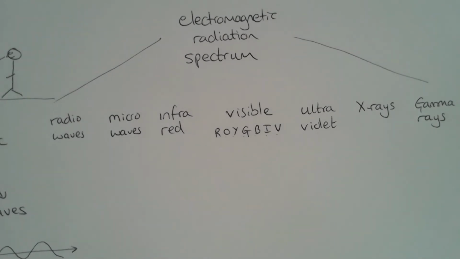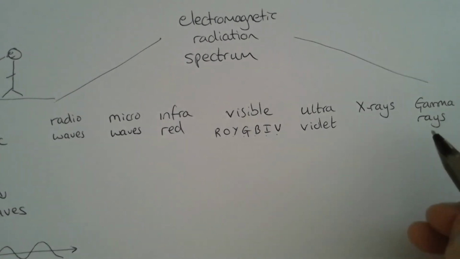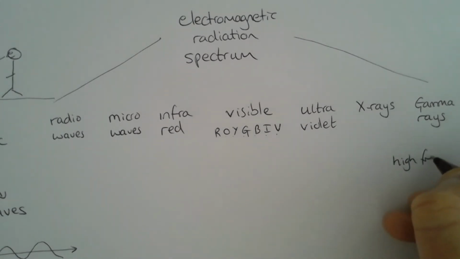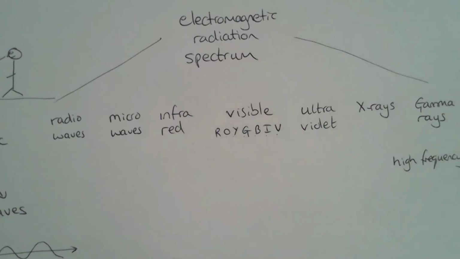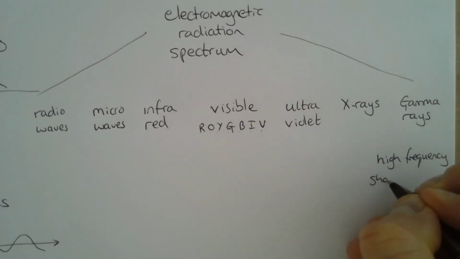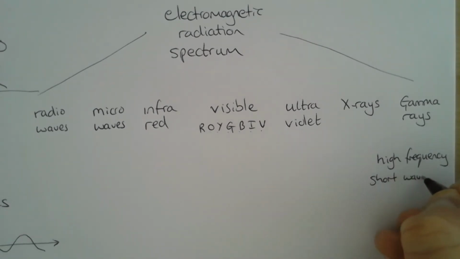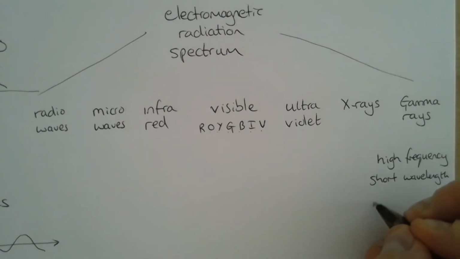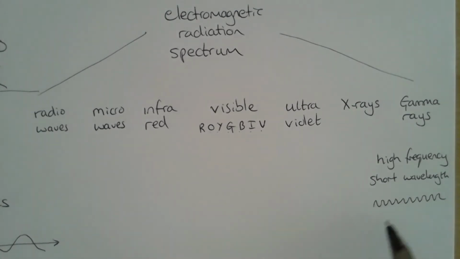So there are some things that we need to know about how they're different to each other. Gamma rays have a very high frequency. If they have a high frequency, that means they have a very short wavelength. So gamma rays are lots and lots of very, very small waves bunched up together, and lots of them will pass the same point per second.